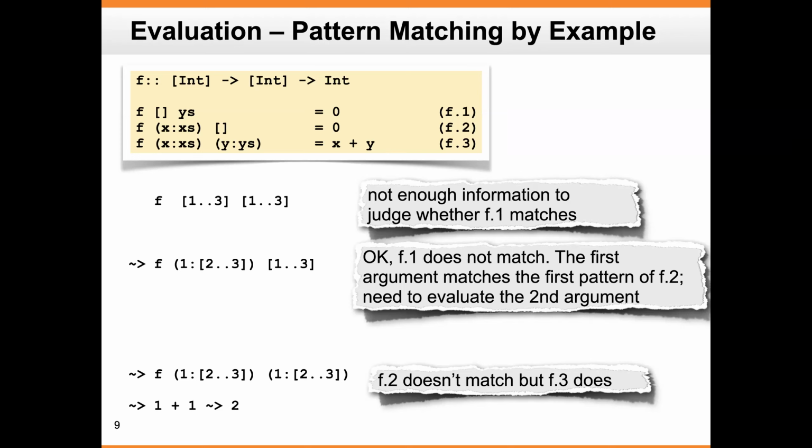So at this point, once we have extracted the first element, one, we know that the second pattern doesn't match. We have to continue to the third case. And for this, we have done all evaluations that we need, because we only need the first elements of both lists, and we have extracted those two first elements, and we can compute x plus y at this point. The rest of both list arguments is not evaluated, no matter how big the lists are.